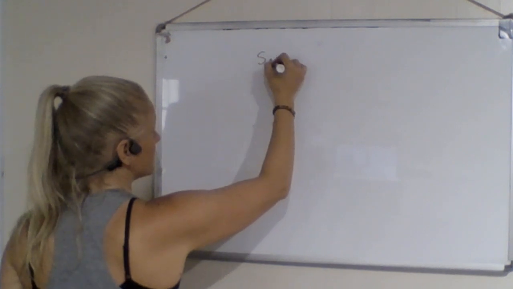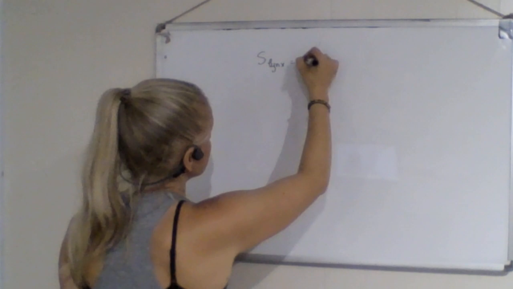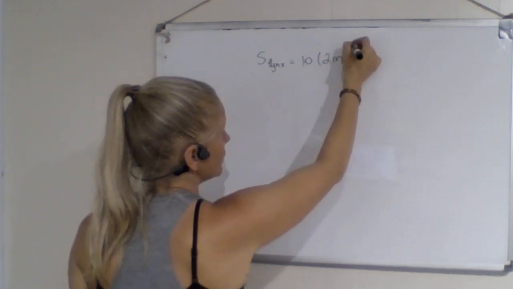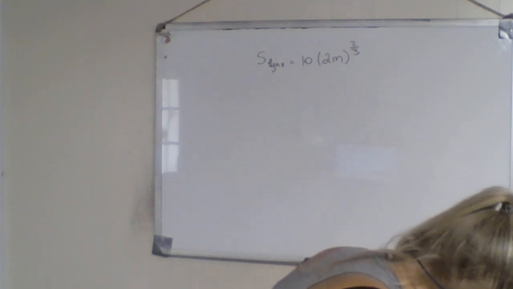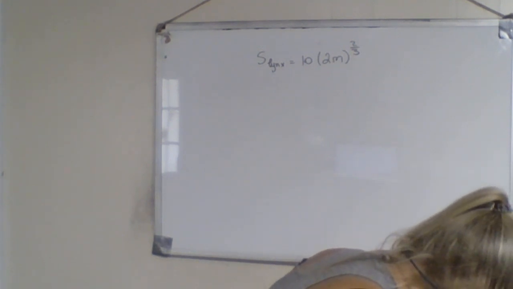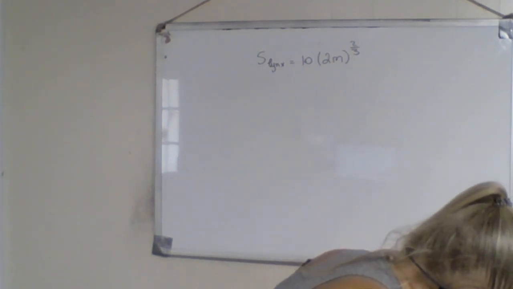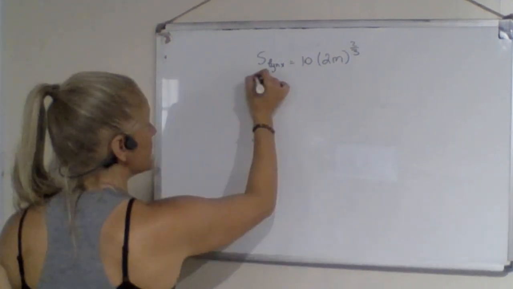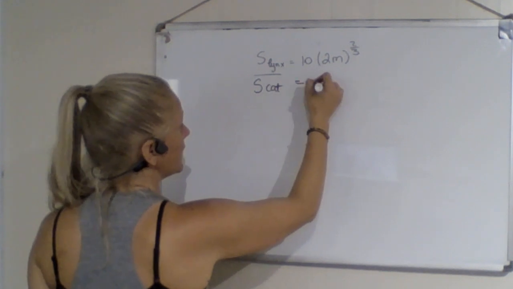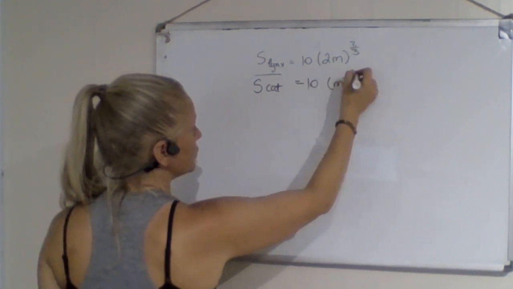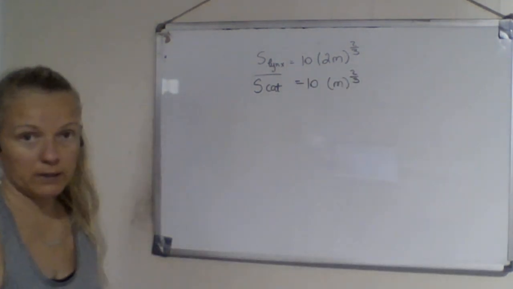So really what you're looking at is the S of a lynx is 10 times 2m to the 2 over 3, because it's twice the mass. The same thing is staying there. It says what if its surface area is also twice that of an average house cat. So they want to know what is this over the surface of a cat, which is 10m to 2 over 3, right? That's what we know about this.